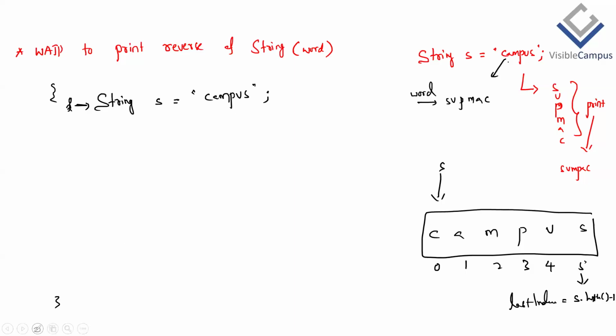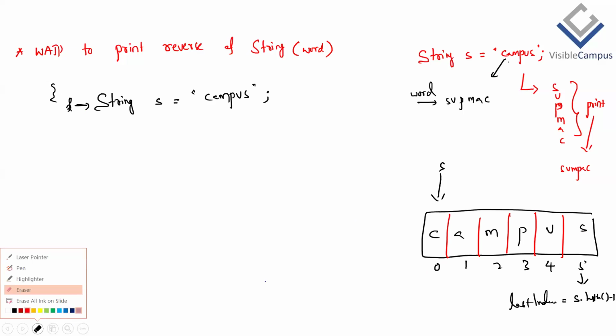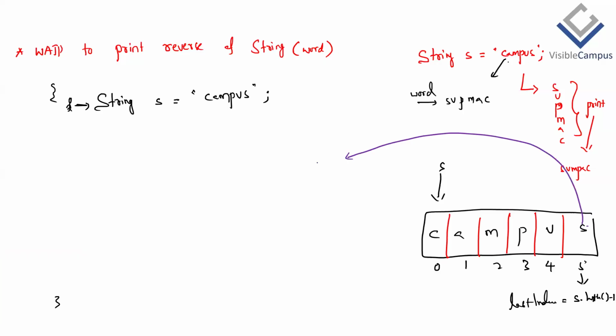Now, what is the meaning of reverse? Get this s, which is present at the 0th index position, and add it to someone. Correct or not? So first thing is get this s and add it to someone.